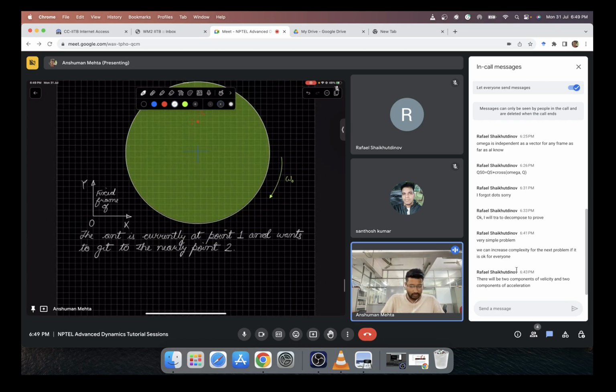So it wanted to go to point 2, but for some reason it cannot, because if we haven't taken that movement into account, it cannot reach point 2.